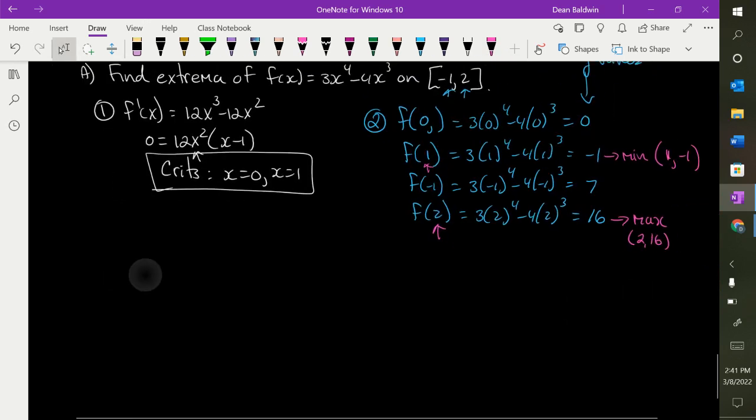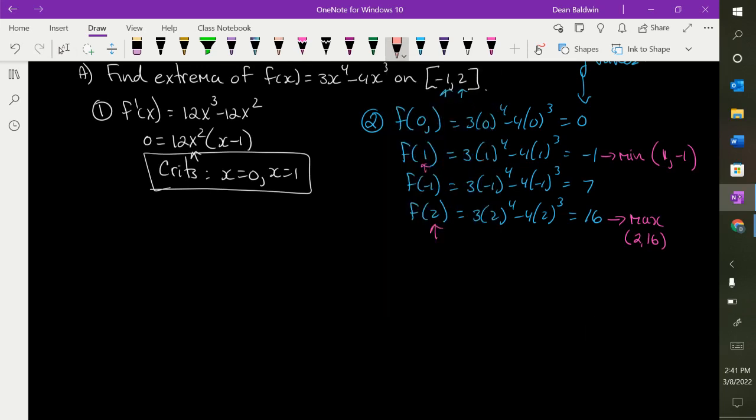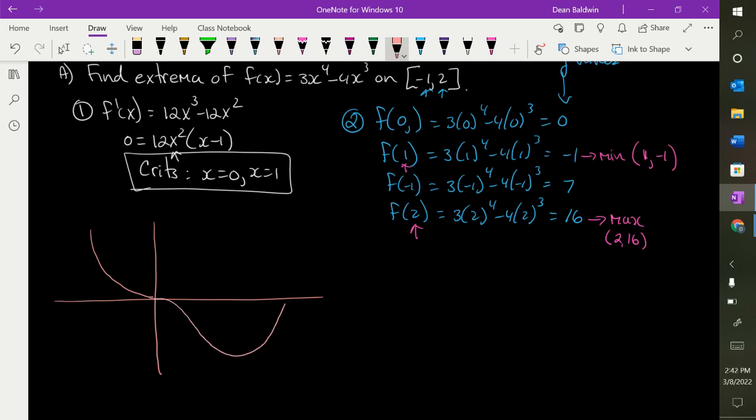So, and if you looked at the graph of this function, it looks like this. Actually, I bet you guys probably didn't see -1.